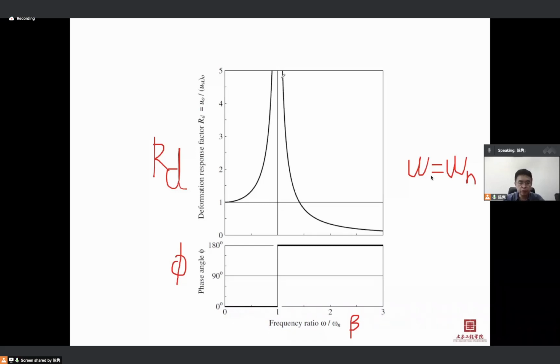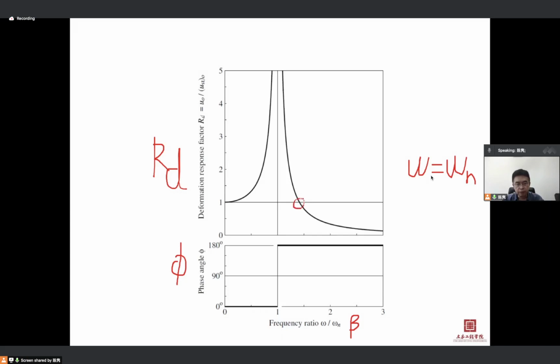And with the increase of omega, because it's a ratio, RD then becomes smaller. It increases to the maximum, infinite actually here, then decreases.